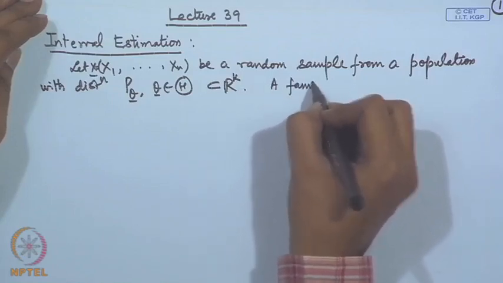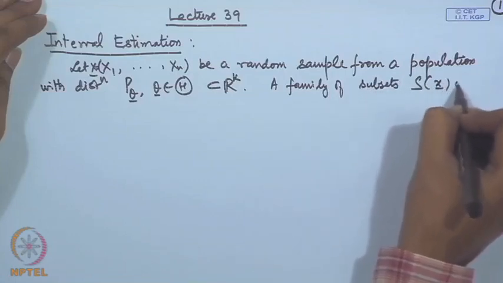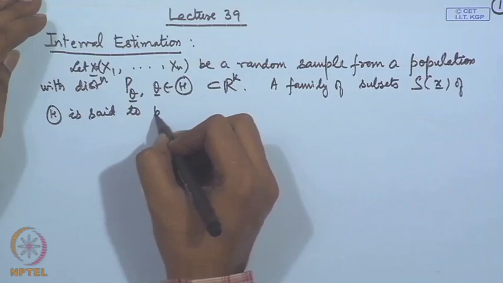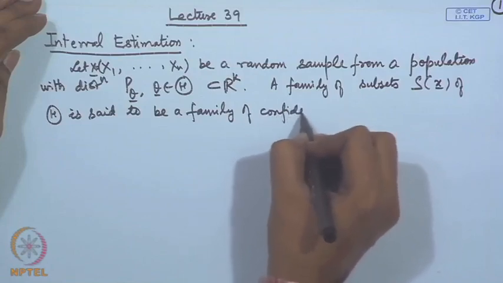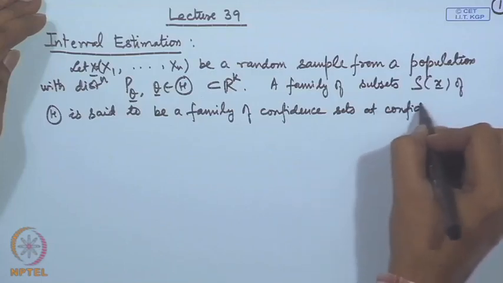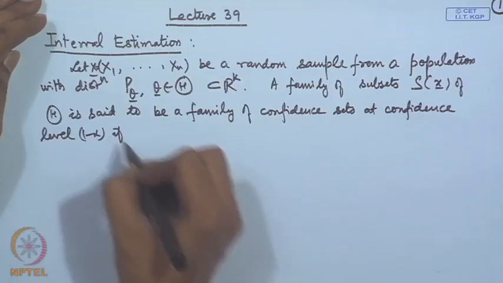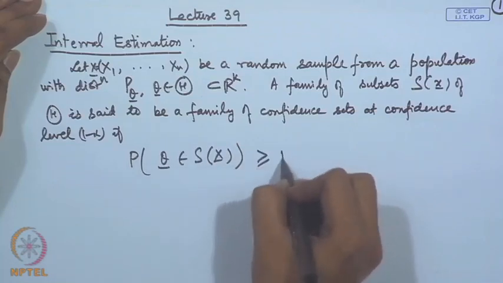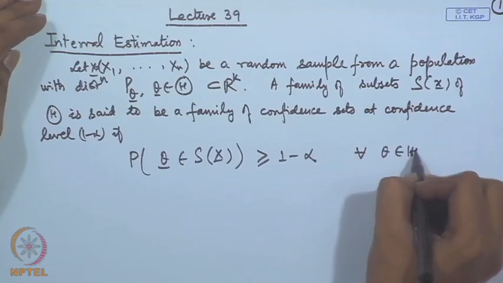A family of subsets S(x) of Theta is said to be a family of confidence sets at confidence level 1 minus alpha if the probability of theta belonging to S(x) is greater than or equal to 1 minus alpha for all theta belonging to script Theta.